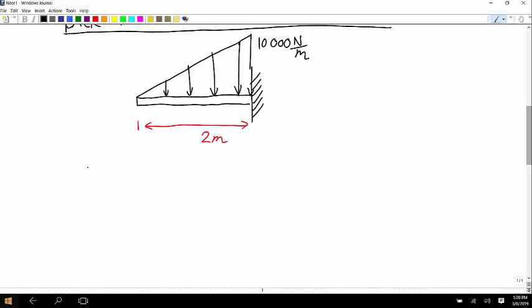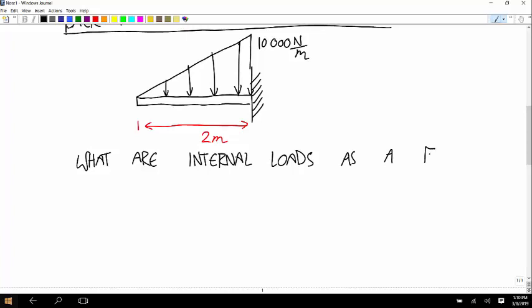And we want to know what the internal loads are. And this time we're going to calculate them as a function of x. So the point on the left we're going to call x equals 0. The point on the right is x equals 2.